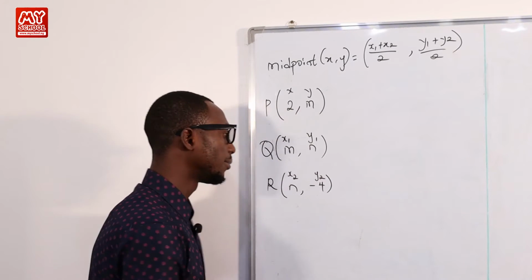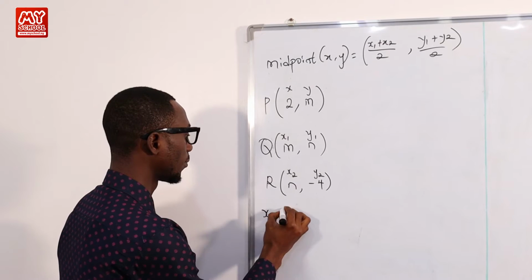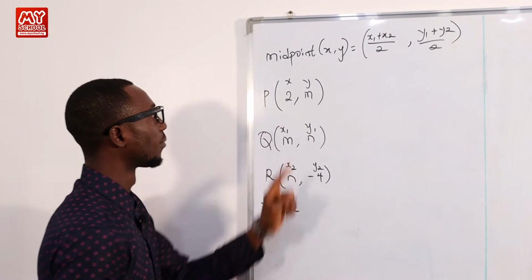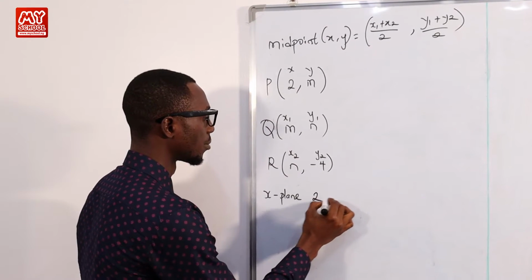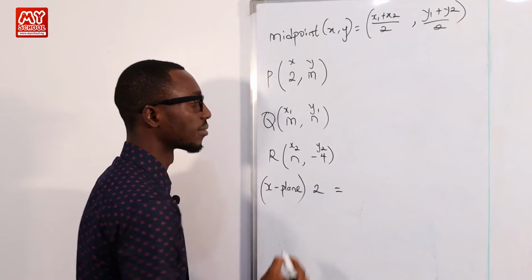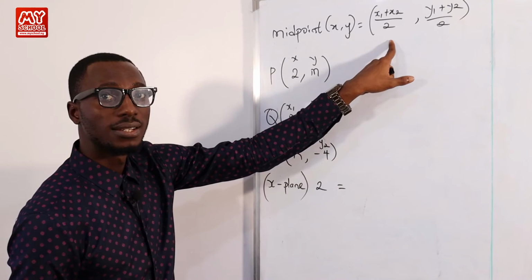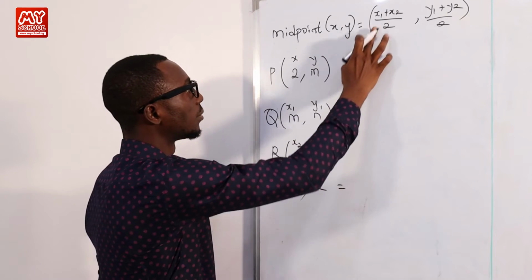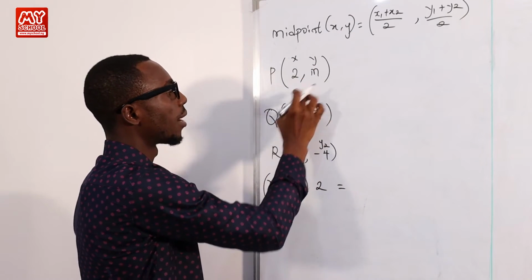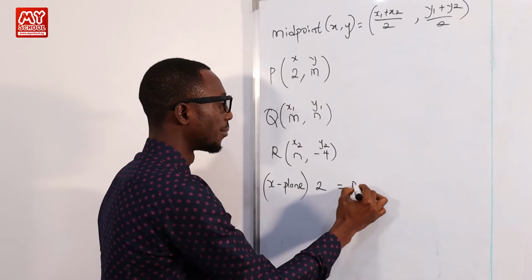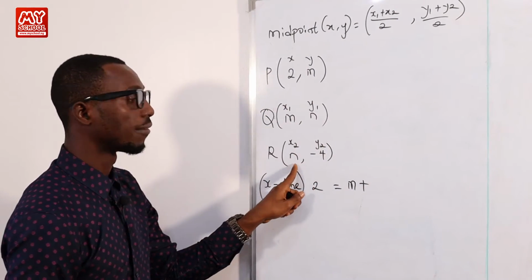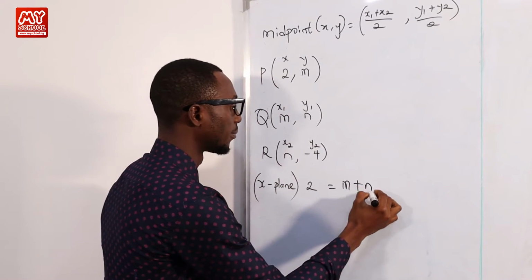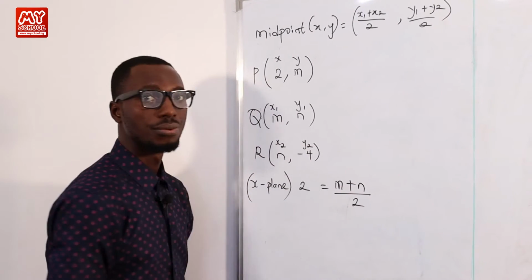So for the x-plane, which has a value of 2, equals x1, we have the value of our x1 as m plus x2 with the value of n, over 2.